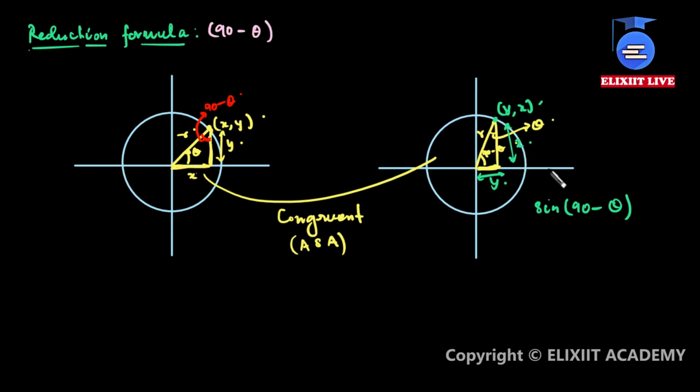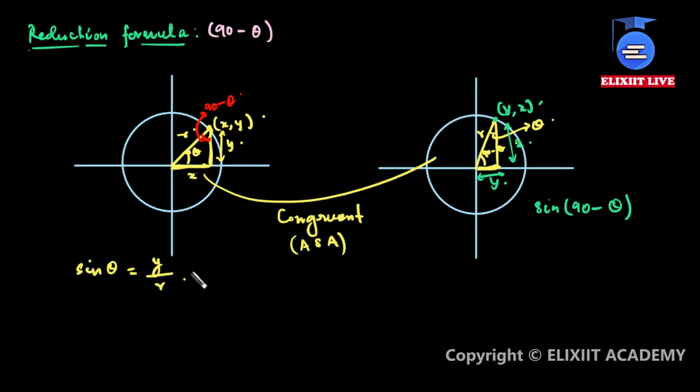Sine means perpendicular by hypotenuse. In this case the perpendicular is x, so this is x by r. Initially, what was your sine theta? Initially sine theta was y by r, isn't it?